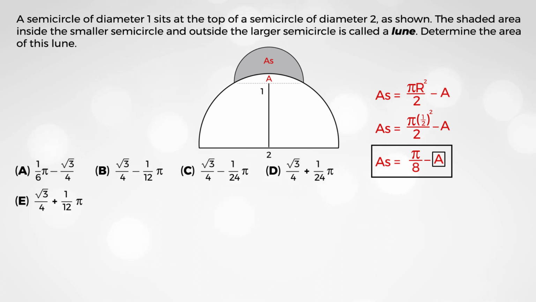So now I have to start working on this part of the diagram. The first thing I'm going to do is draw a line from the center of this big semicircle to the corner right there. And then I'll drop a perpendicular from that point down to the bottom like this.